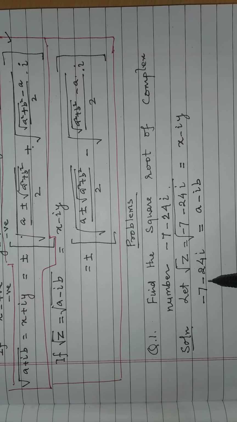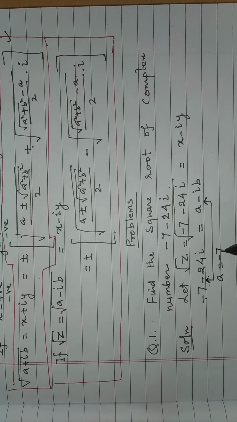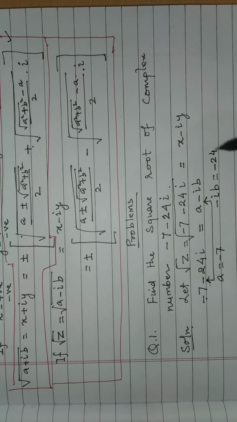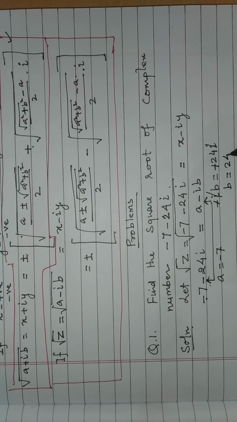Here it is a minus, so a is equal to -7, and minus iota b is equal to minus 24i. The minus signs cancel, so b is equal to 24.